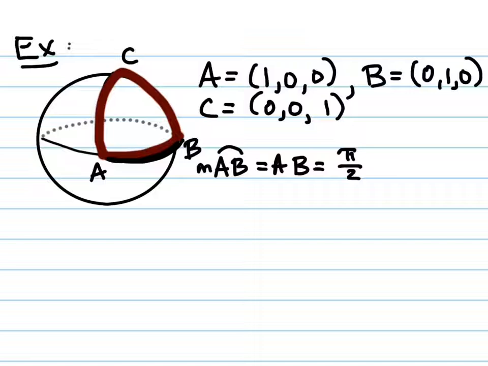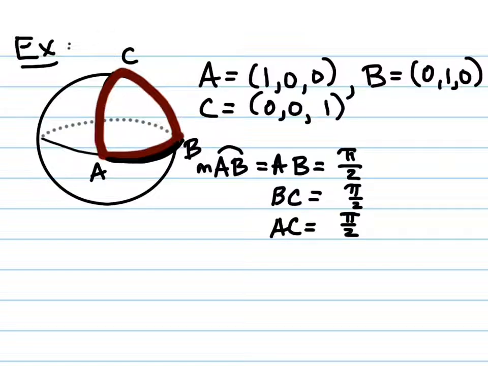Now, if I follow that same logic, what would I get for my arc length for BC? Same thing. And for AC? Same thing, right? Pi over 2. Pi over 2.